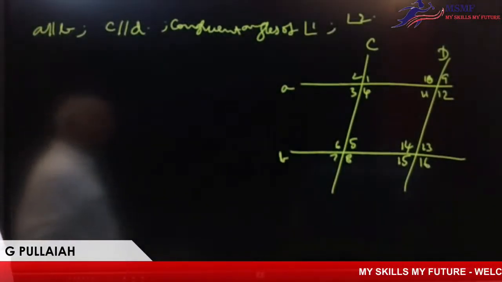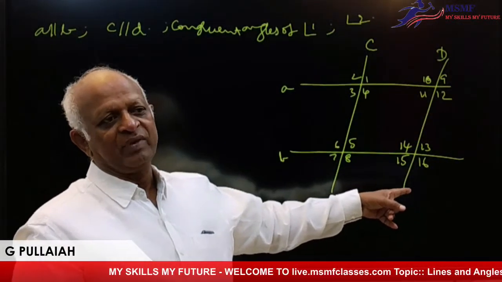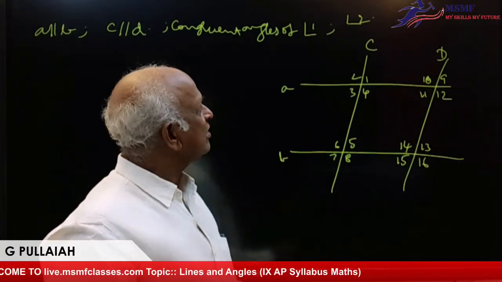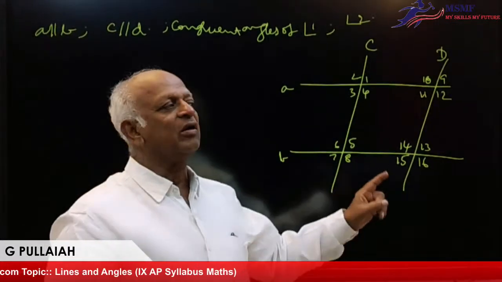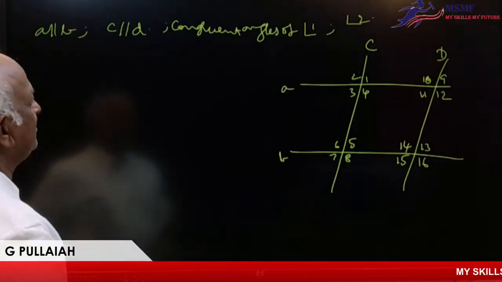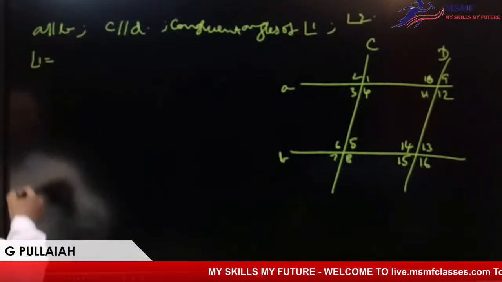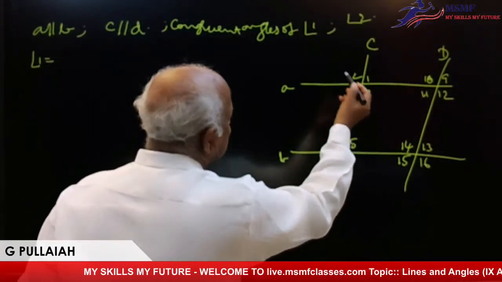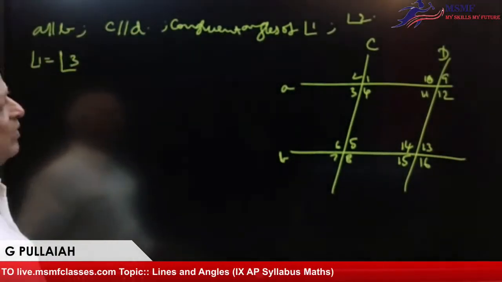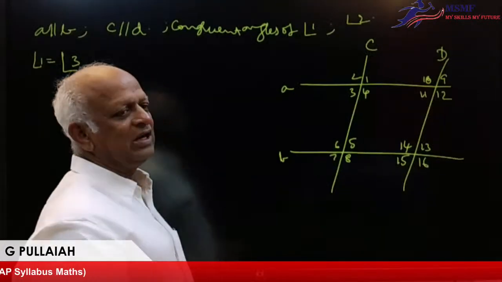Now here if you think very carefully, totally 16 angles are given here. From these 16 angles, how many are congruent to angle 1 and how many are congruent to angle 2? So think very carefully. If you take angle 1, angle 1 is equal to angle 3, because angle 1 and 3 are vertically opposite angles.